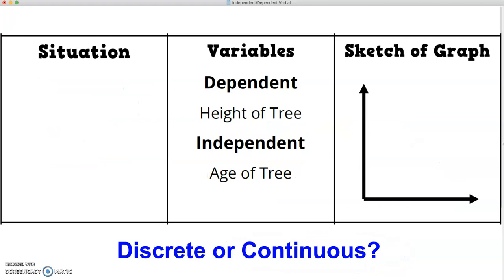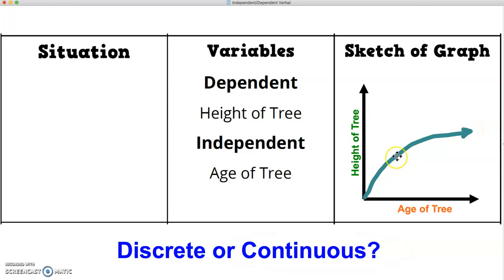Our next example, we're given the variables of a height of a tree and the age of a tree. We can label our graph with the age and height. As a tree gets older, the height of the tree is going to increase until a certain amount of time where it starts to kind of level off.